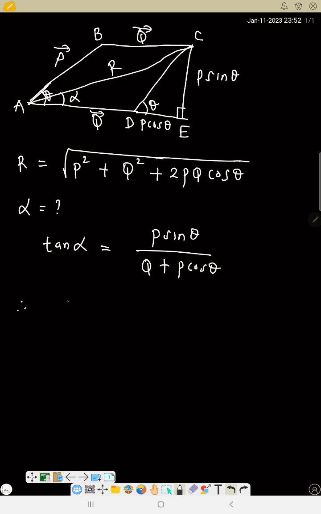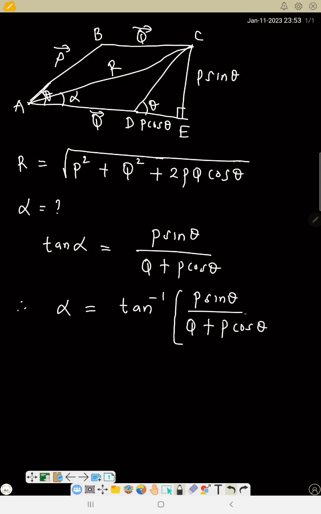So that means alpha is equal to arctan of p sine theta divided by q plus p cos theta. So that is the angle which the resultant makes with the horizontal.